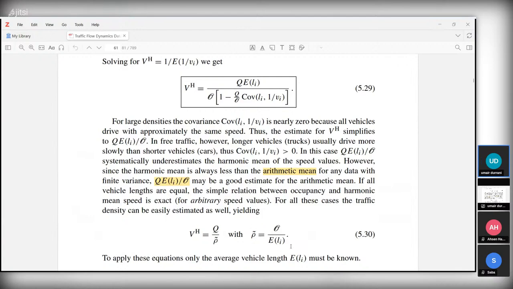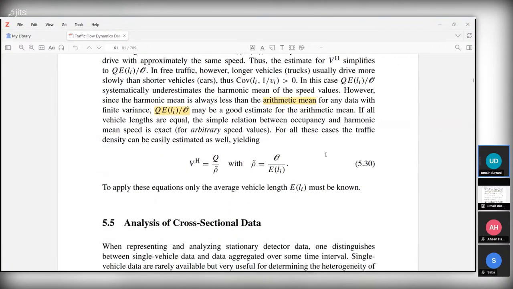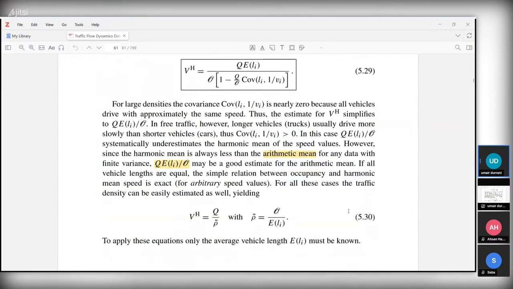And we can then determine the traffic density using occupancy and the length of all vehicles. This is the average of all vehicles' length. So using either equation 5.29 or 5.30, we can estimate harmonic mean speed and also density.